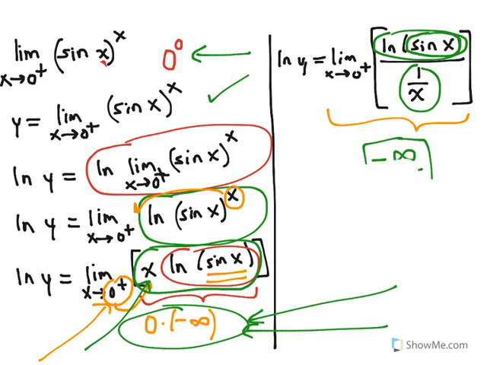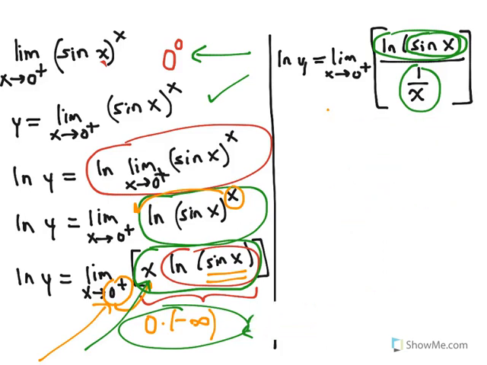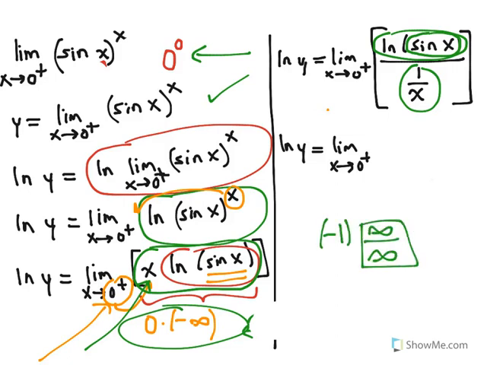So we're going to go ahead and continue by using L'Hopital's rule to evaluate the limit on the right side of this equation. So we have natural log of y is equal to the limit as x approaches 0 from the right. Again, we're able to use L'Hopital's rule because we get the indeterminate form, negative 1 times infinity over infinity. So now we need to take the derivative of the function in the numerator.